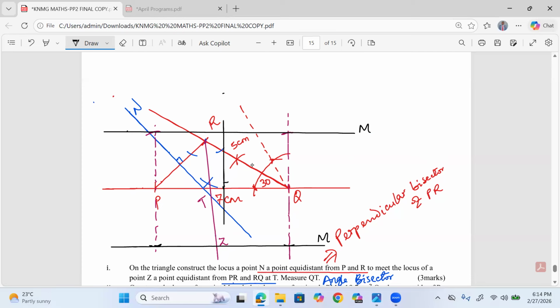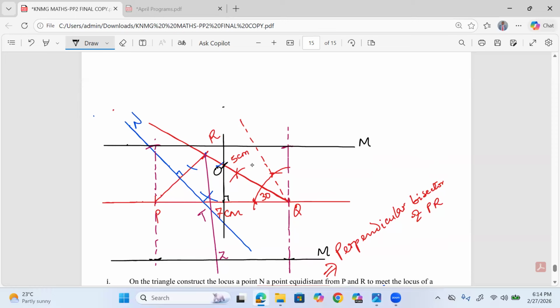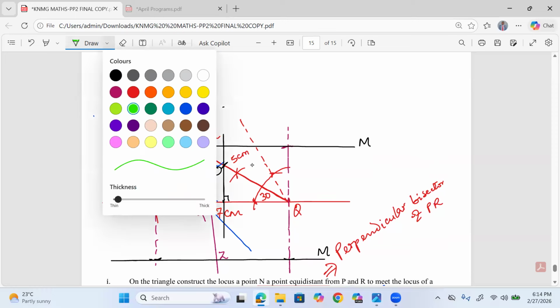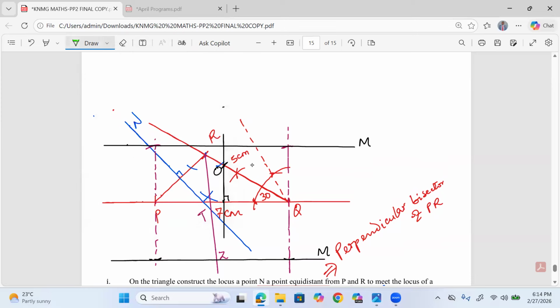So after the bisector has passed the center, the center can now be identified as center O. So the circle can now be drawn.